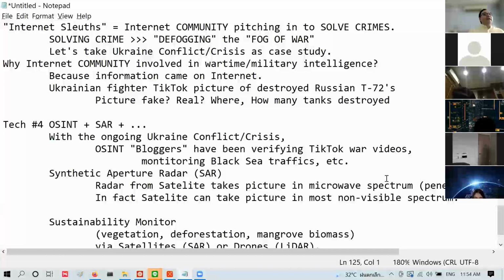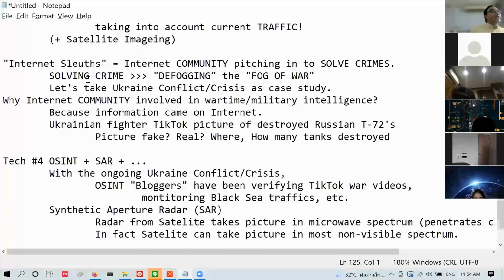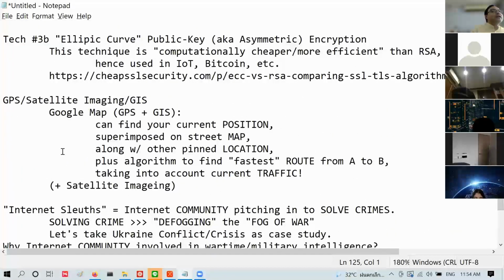What I mean is underlying all this is the ability to identify, locate, and position; the ability to keep or organize information in a system, and maybe do some computation on it, like algorithms; and the ability to take imaging from satellites in various frequencies and spectra.